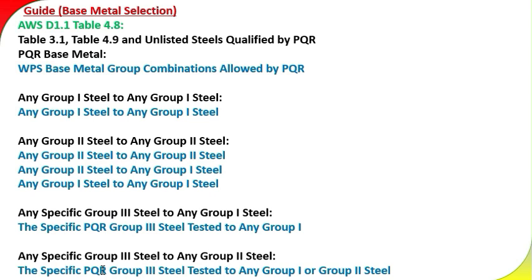For any specific group 3 steel to any group 2 steel, it is qualified for the specific PQR group 3 steel tested to any group 1 or group 2 steel. So group 3 to group 2 means group 3 to group 1 or group 2. This is the base metal selection as per the AWS D1.1 PQR.